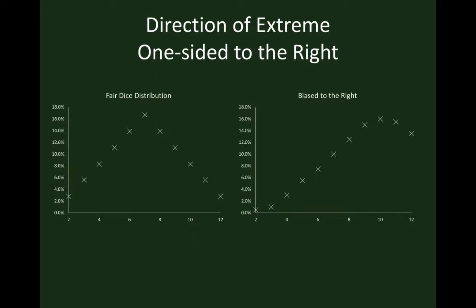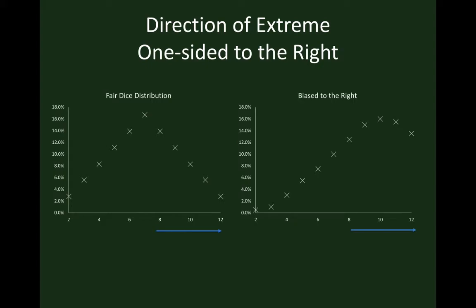Now, direction of extreme. In this case, we say the direction of extreme is one-sided to the right. And the reason for that is because as the numbers get bigger, the null distribution says they should get less frequent. Those numbers should occur less frequently. So on a fair dice, 10s, 11s, and 12s, as you move to the right, those rolls get more and more unusual.